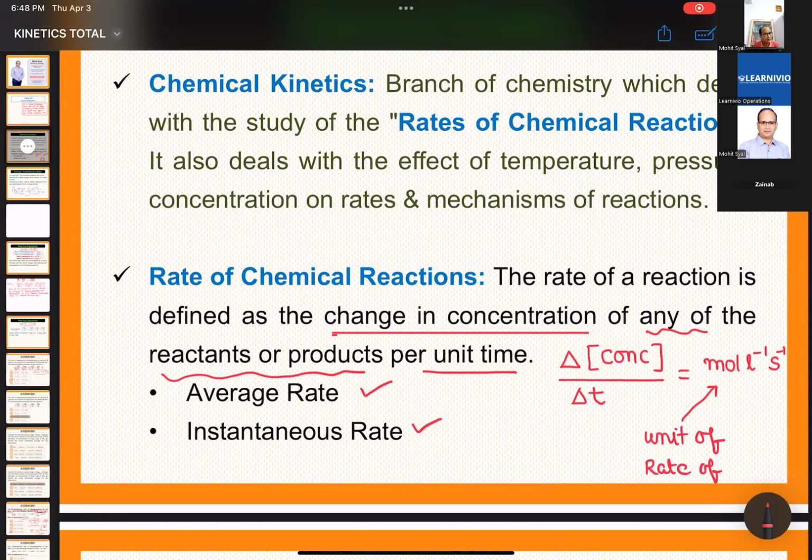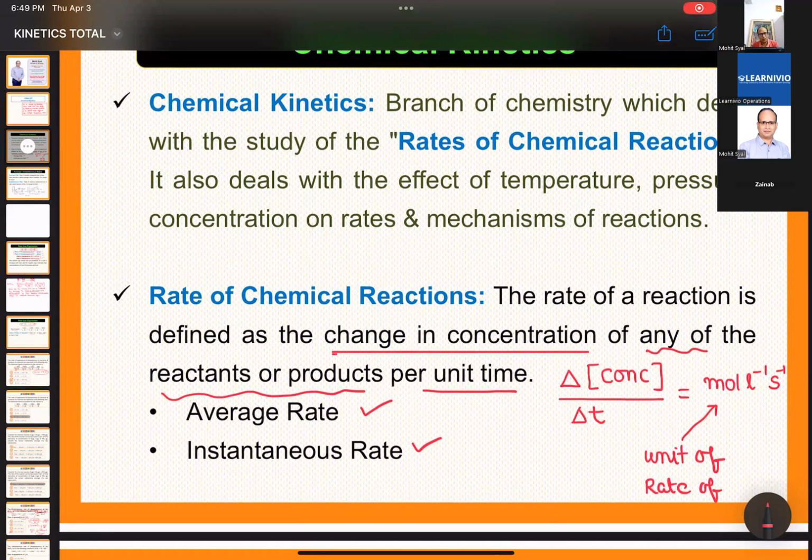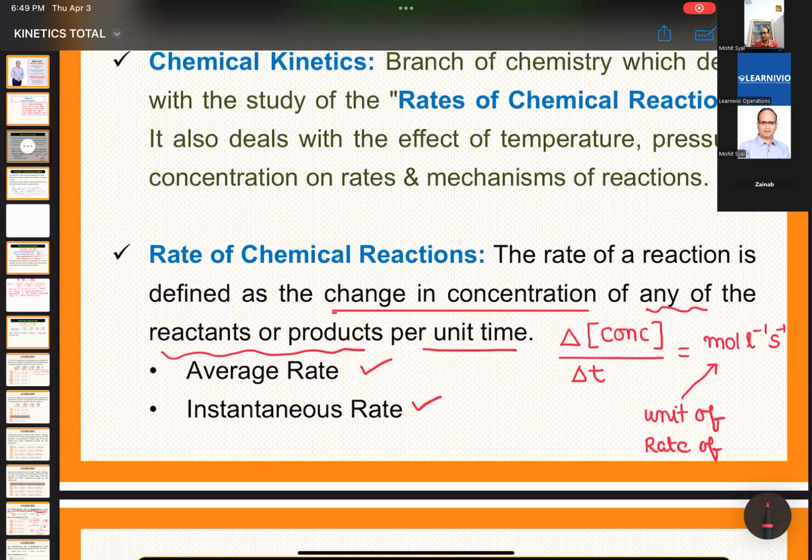Yes, you can write it down. You will also have recorded lectures, so you can revise there too. So these are the units of rate of reaction. Clear?